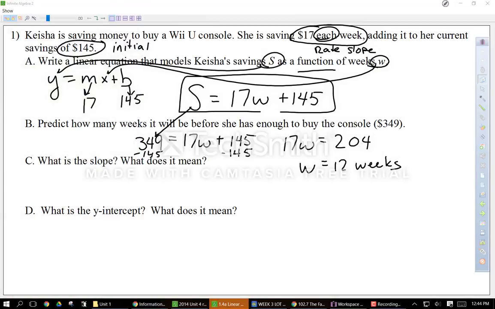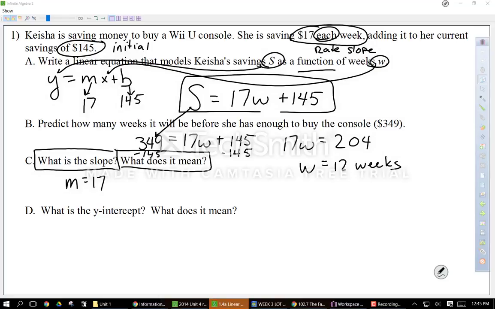So that's part B. Part C is what is the slope? So when it says what is the slope, that means literally what is it? The slope is 17. So again, that's the m value, so m is 17. The next question is what does it mean? What does it mean means what does that 17 represent?